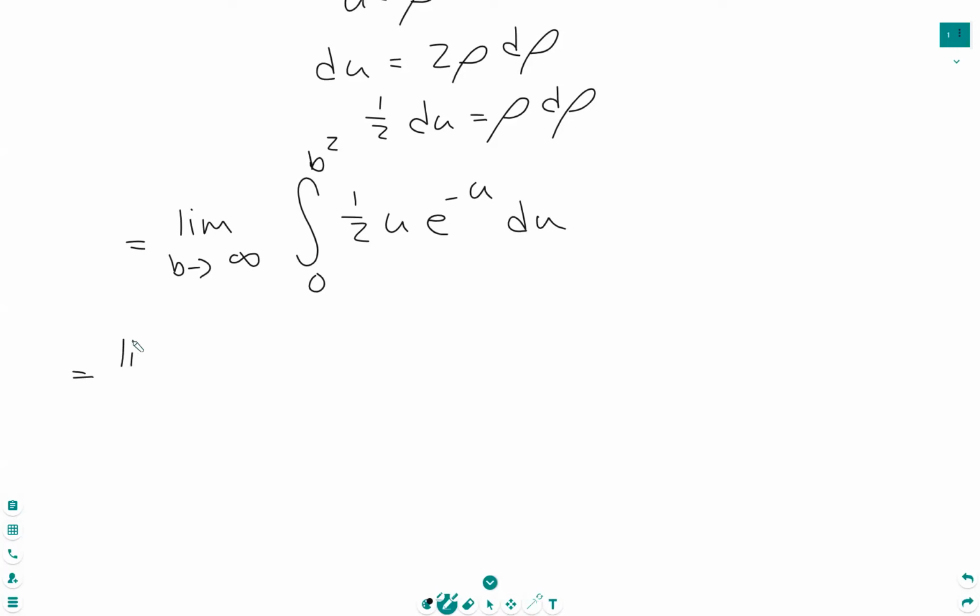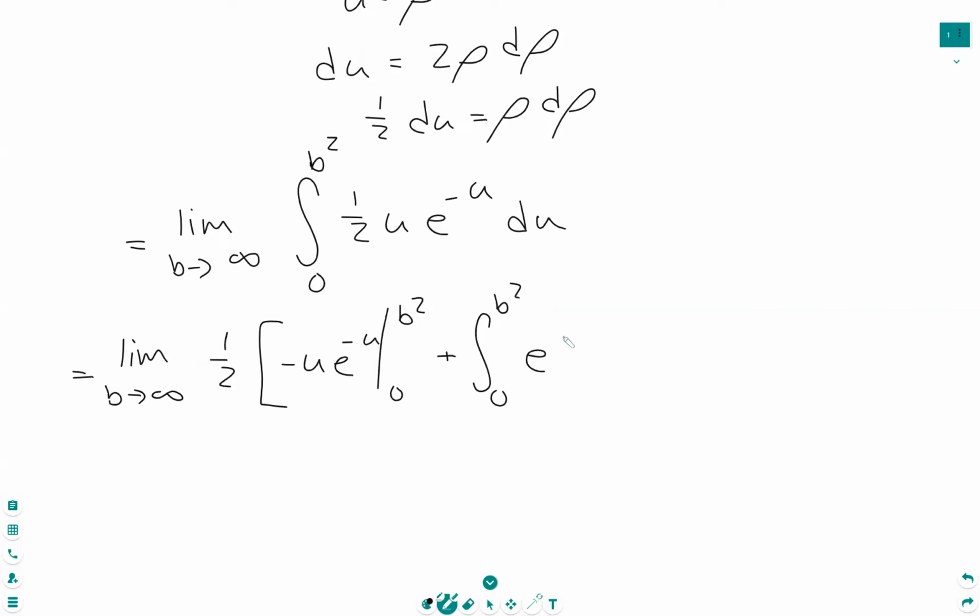We get the limit as b goes to infinity. We're capable of pulling out a 1/2. And then we have negative u e to the negative u evaluated at 0 and b squared, plus the integral of 0 to b squared of e to the negative u du.